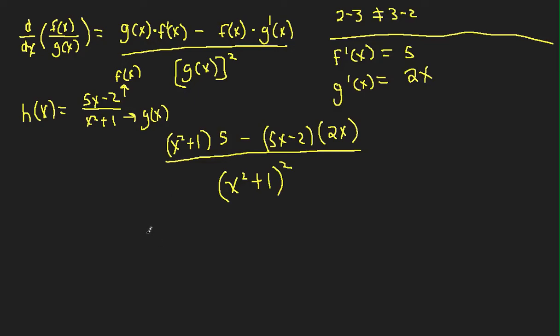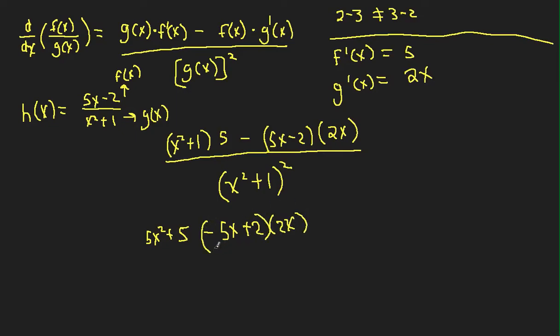We distribute the 5, so we're left with 5x squared plus 5, minus. Okay, let's distribute the negative sign first. So minus 5x plus 2, and this is getting multiplied by 2x, right?